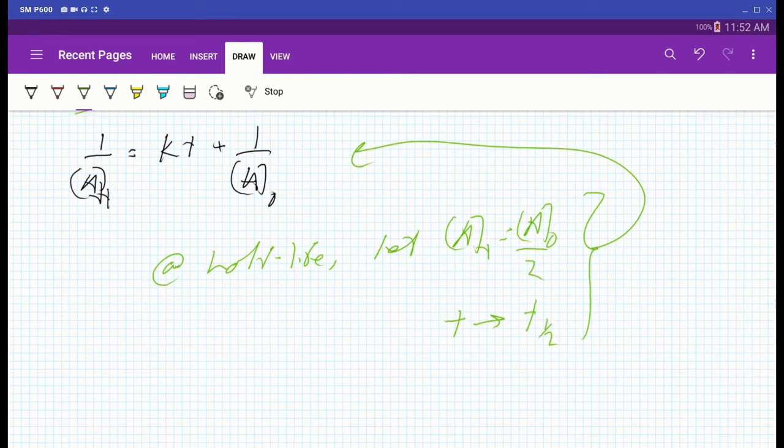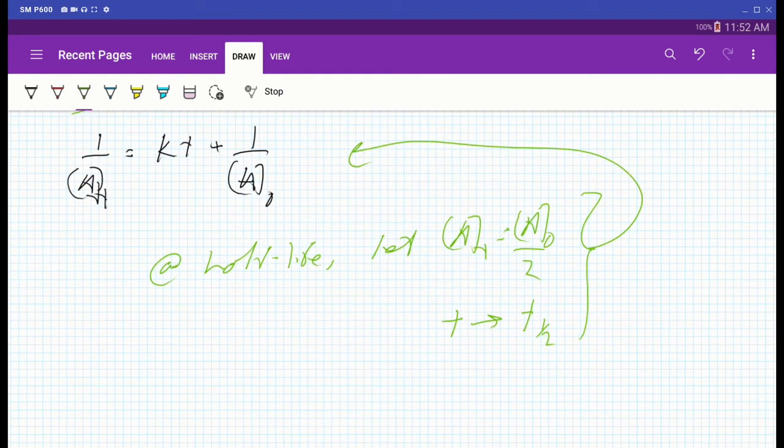Those are going to get substituted into that equation. And what you end up with is 2 over the initial concentration is equal to k t 1/2 plus 1 over the initial concentration.